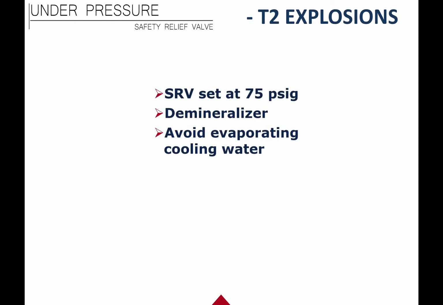In the T2 explosion, the rupture disk should be set at 75 psig to prevent further pressure increase. Implement a demineralizer or avoid evaporating the cooling water inside the jacket. The required heat removal is 26,000 watts or greater.